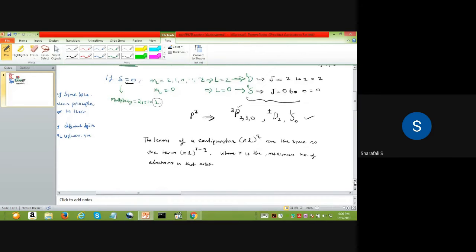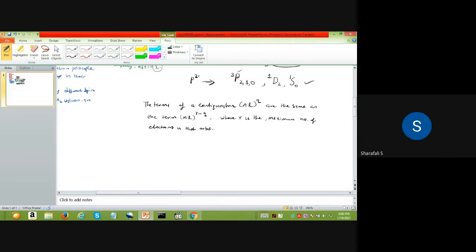So what that means is that if you're considering p2, p2 has these spectral terms. I'm writing it as p2 with some n, 2p2, 3p2, or any p2. So let's take 2p2 in this particular case, for example. That will give me these terms: 3P2,1,0, then 1D2, 1S0.